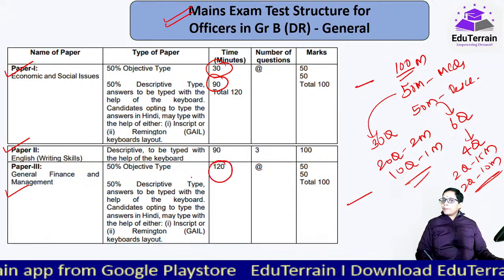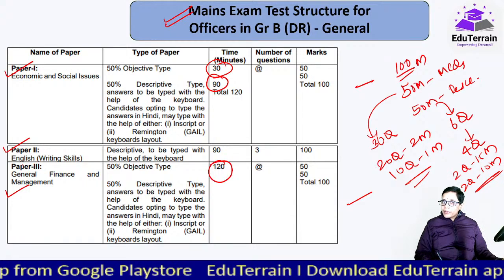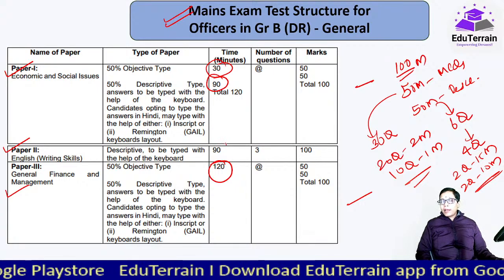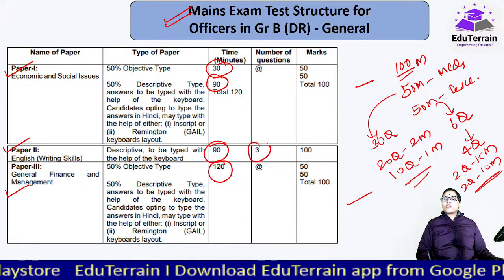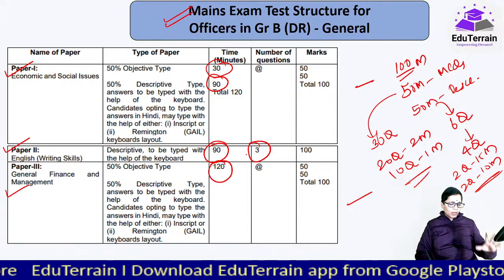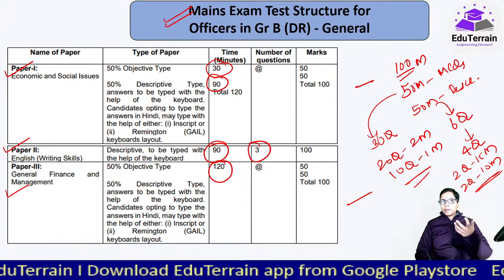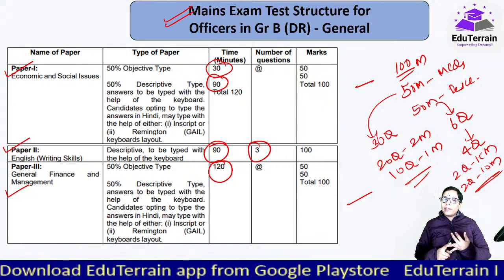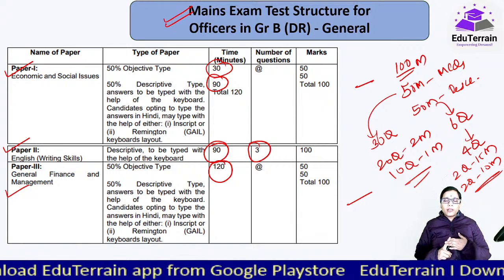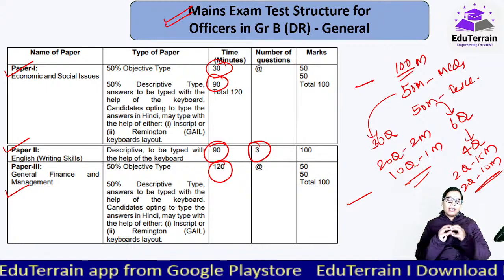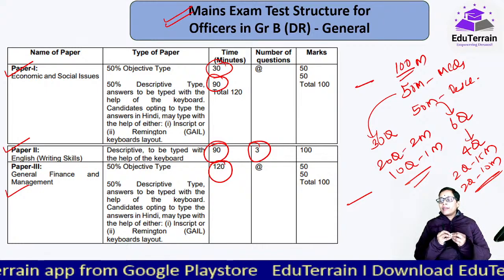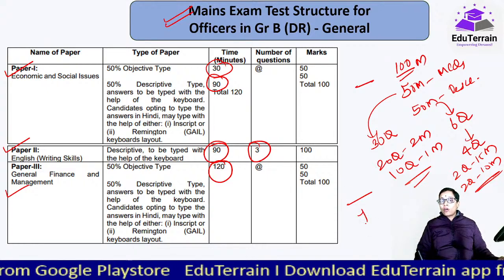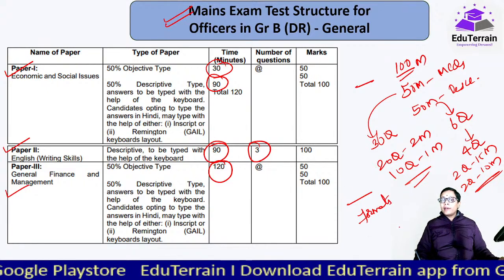And when we talk about descriptive English, again 90 minutes will be given, with 3 or 4 questions as per the examiner's pattern, and it can be an essay, letter writing, précis writing, comprehension passage, anything. The most important thing to focus on in descriptive English is the formats, which are very, very important.